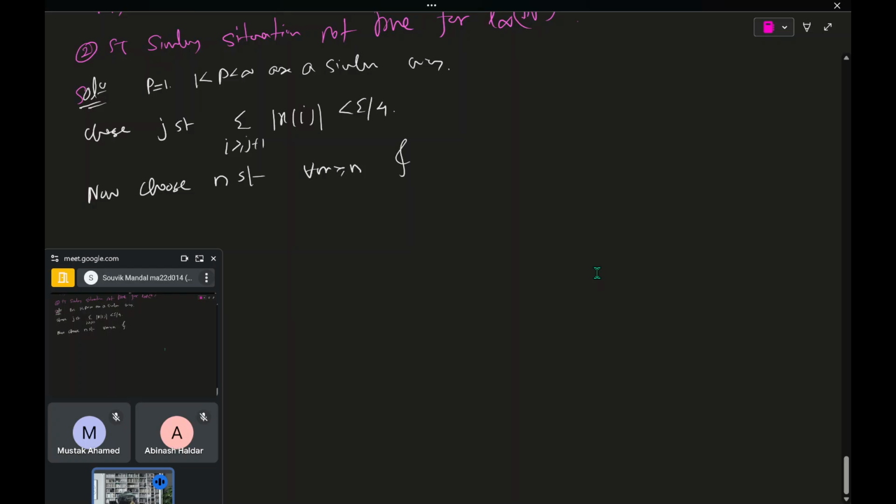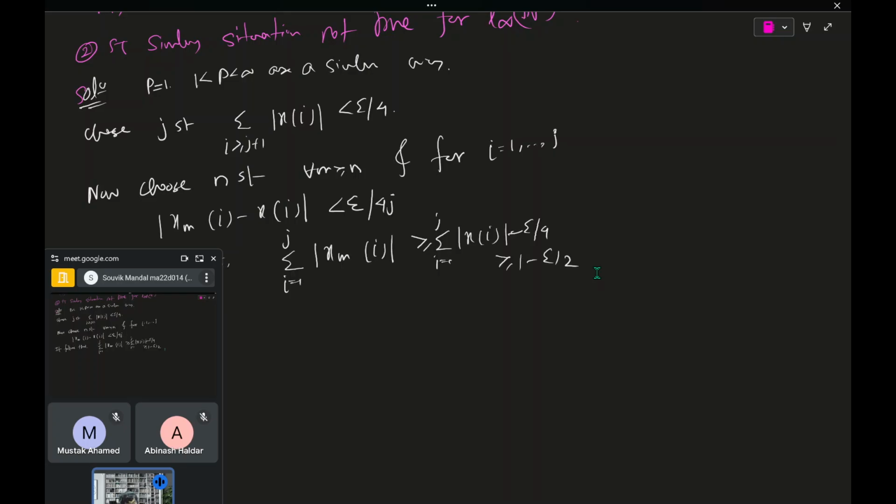And it follows that the summation over i equal to 1 to j of |x_m(i)| is greater than or equal to the summation of |x(i)| minus epsilon by 4, greater than or equal to epsilon by 2.